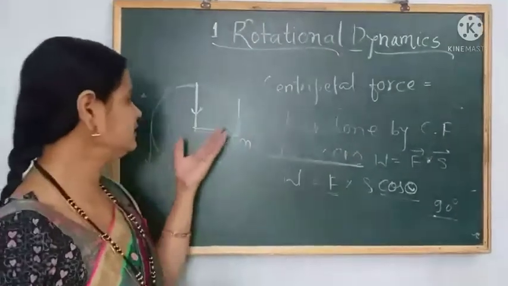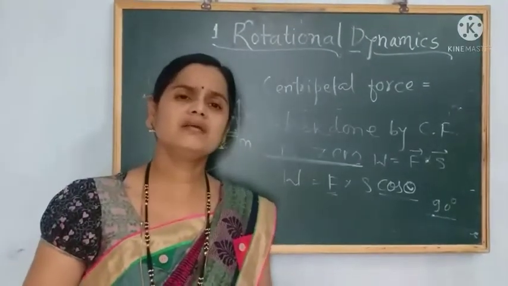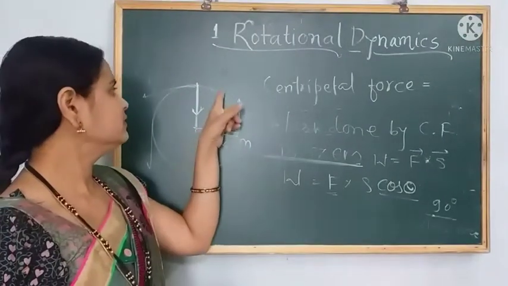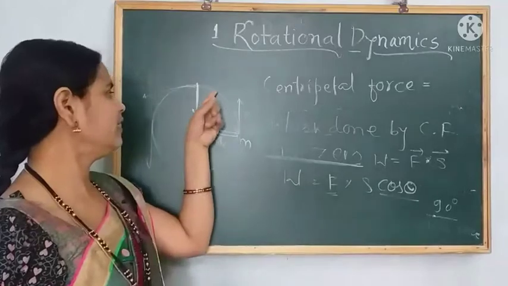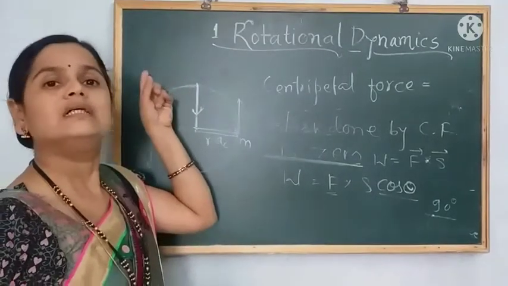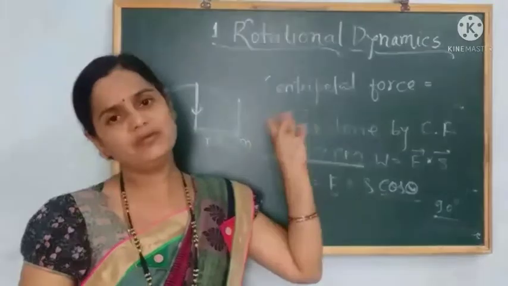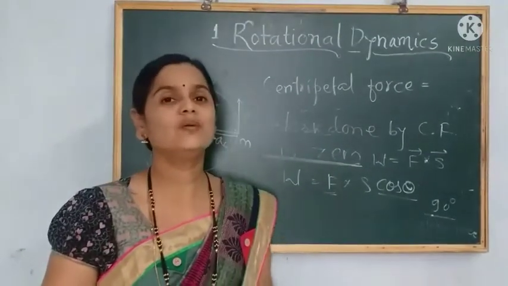At any instant we can check this. If the particle performs a half circle or any such circular path, the direction of force and the direction of displacement are again perpendicular to each other, and the net work done by the centripetal force is equal to 0.